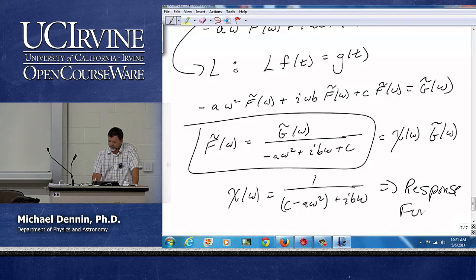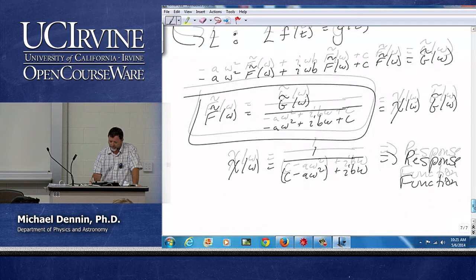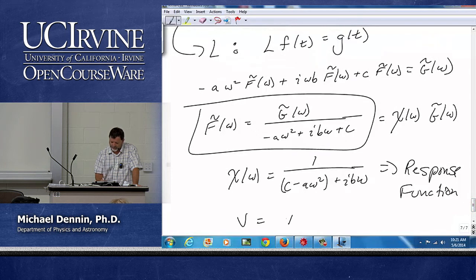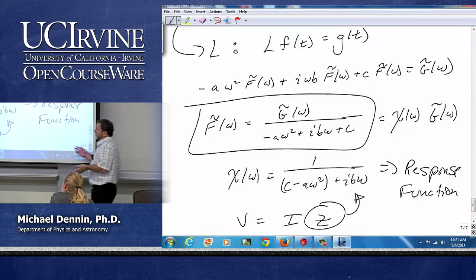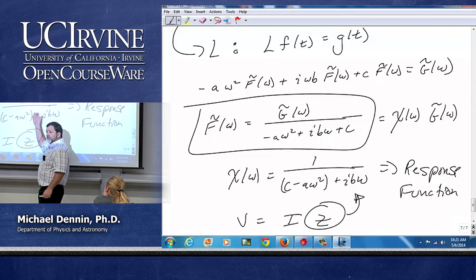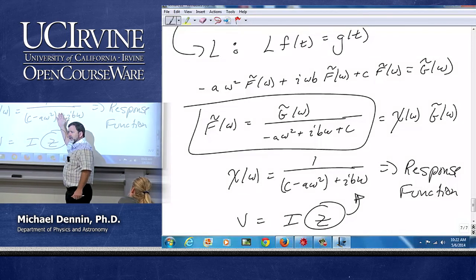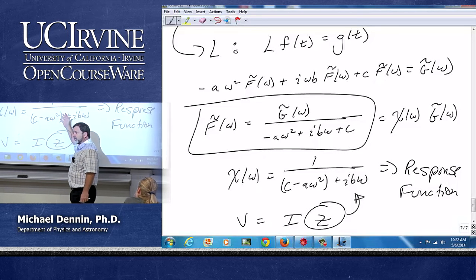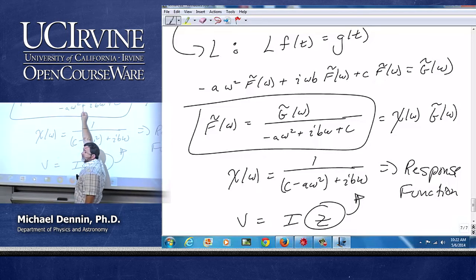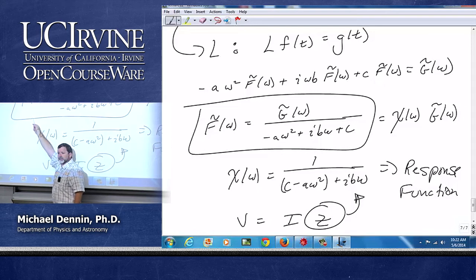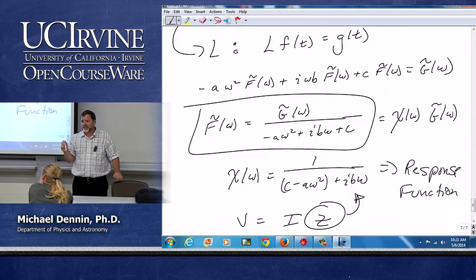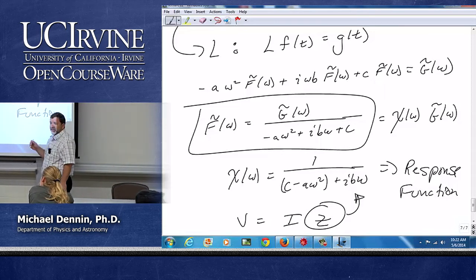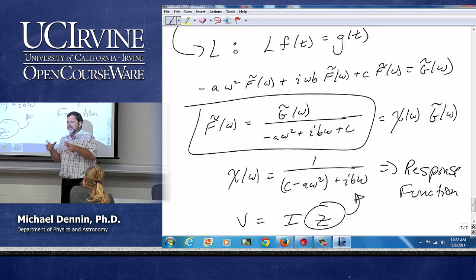And we go back now to the beginning of our class where we wrote things like v equals iz, and z was our response function. And we understand now that we can find the phase shifts, amplitude shifts, and changes in the behavior between the driving force and the response of the system. And what's even more amazing is there are many physics experiments that fundamentally work in frequency or k-space, and basically anything that's scattering.